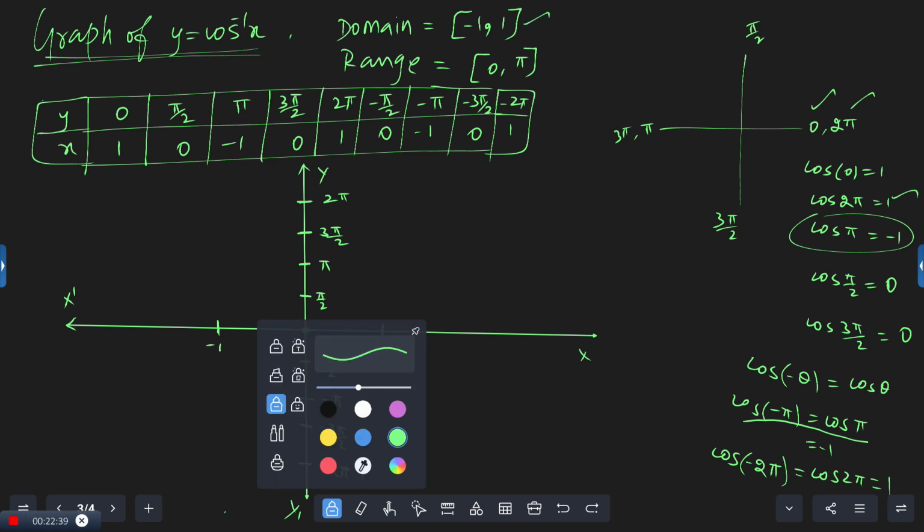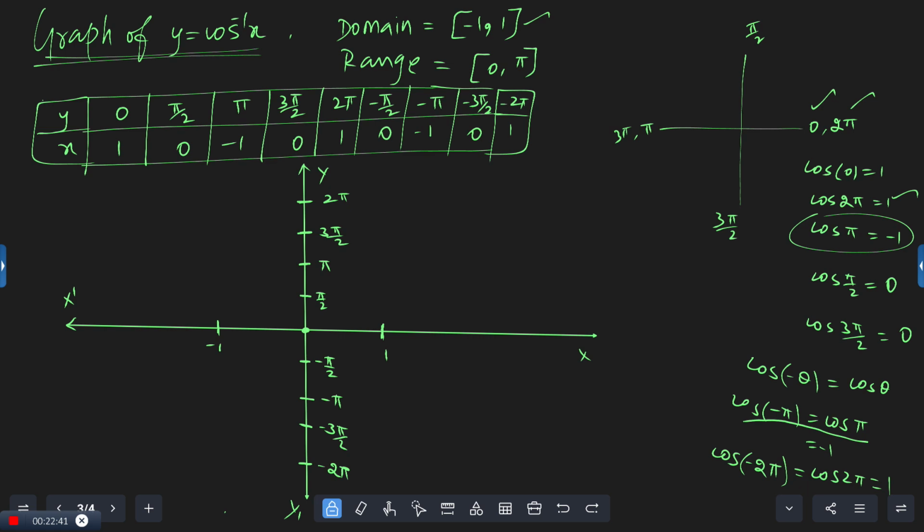Now we can draw the graph for this. First, x value 1, y value 0, which means on the axis. Even x value 0, y value pi by 2, that is also on the axis but on the y axis.